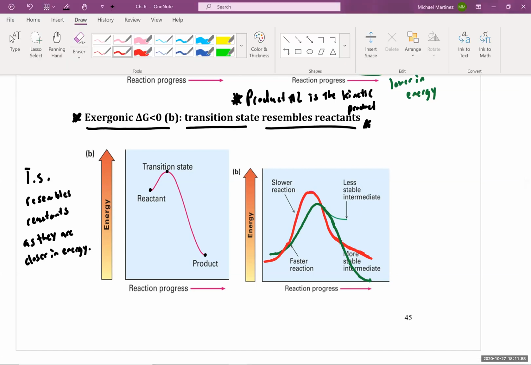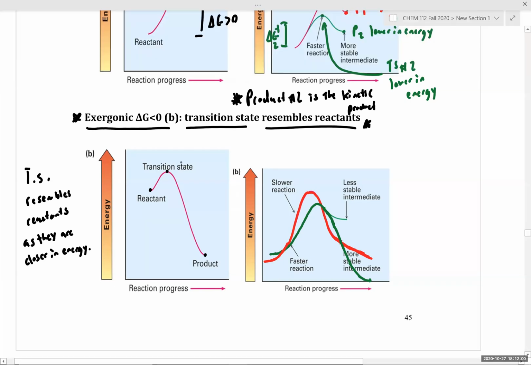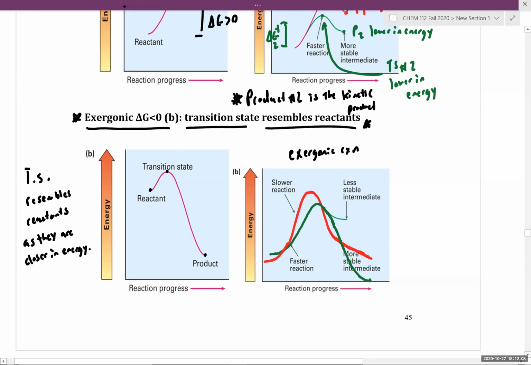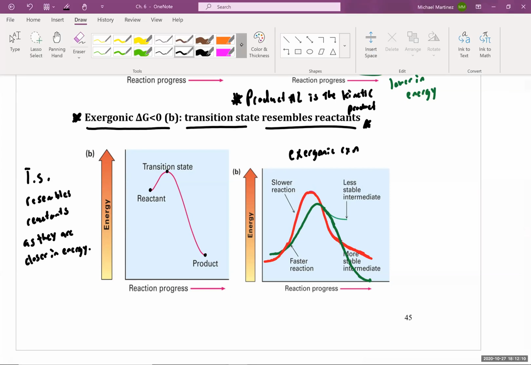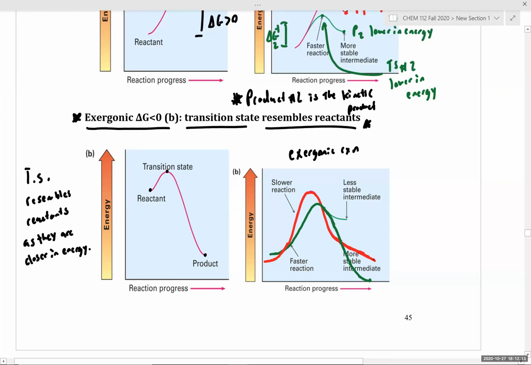Okay, so let's unpack this exergonic reaction. In this drawing, by adjusting these curves a little bit, we're now looking at an exergonic reaction where our Gibbs energy of reaction is less than 0.